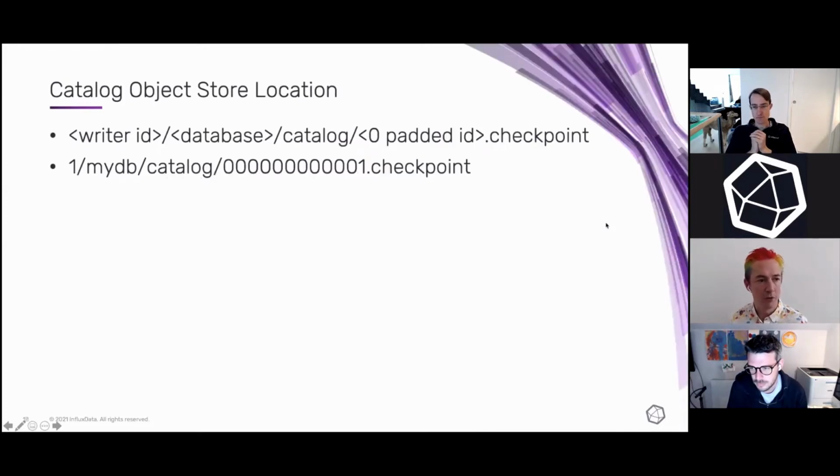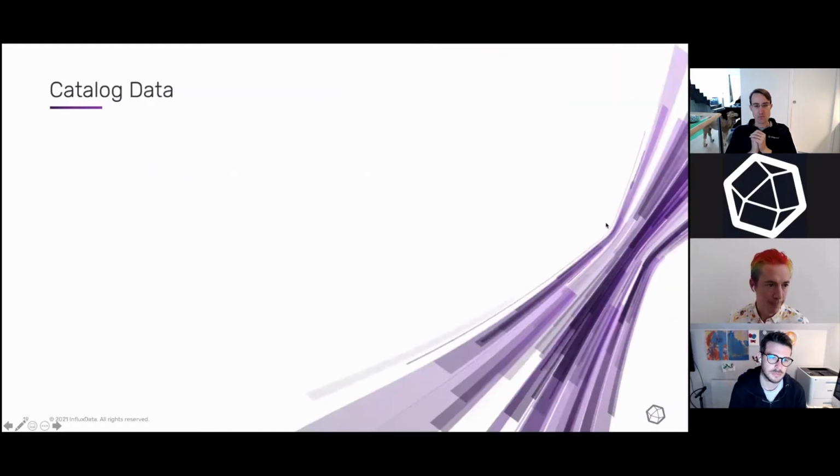So the catalog file is going to go here. Again, writer, database, catalog, and a zero padded ID dot checkpoint. So for instance, the first checkpoint file will go there. The catalog data is interesting to dig into. Basically, like I said before, you have what partitions exist in the database.